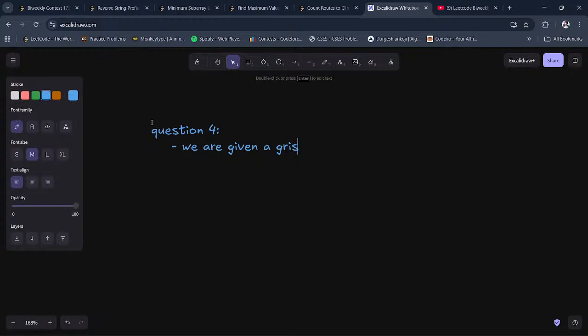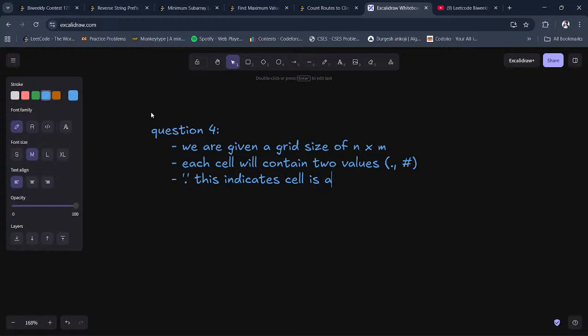We are given a grid of size n cross m. Each cell will contain one of two values, either dot or hash. A dot indicates the cell is available.